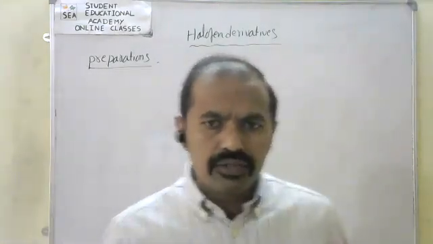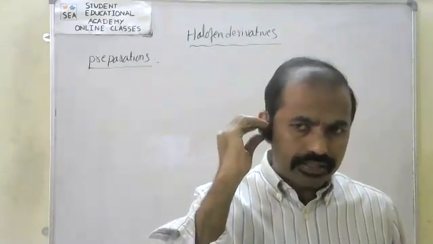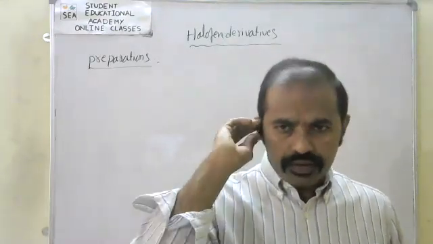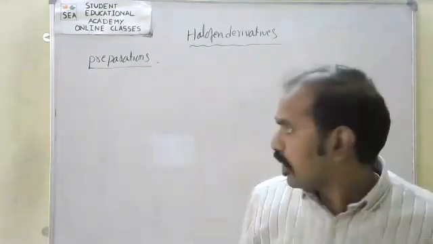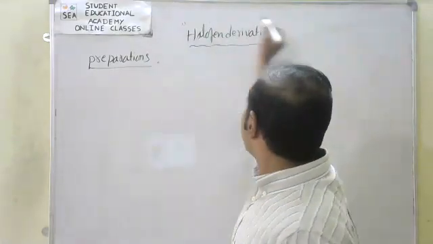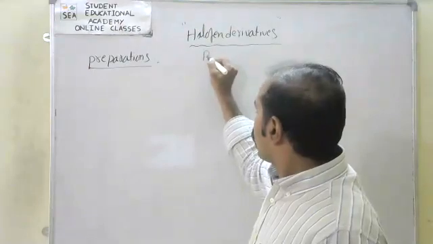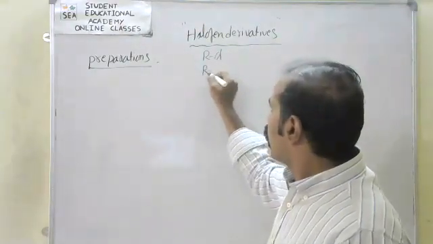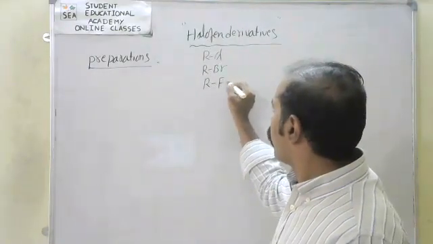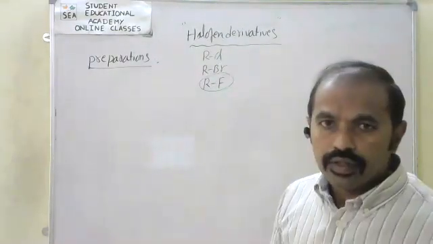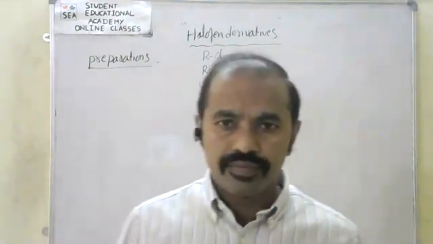By using metal halides like AgF and mercuric fluoride, we prepare the derivatives of halogen compounds, like alkyl chlorides, alkyl bromides, and even fluorides also. Particularly for alkyl fluorides preparation.